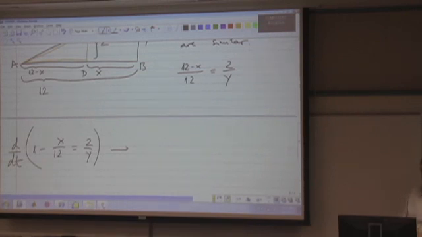That was a question. Negative 1 over 12 dx dt equals negative 2 over y squared dy dt. Does that make sense?